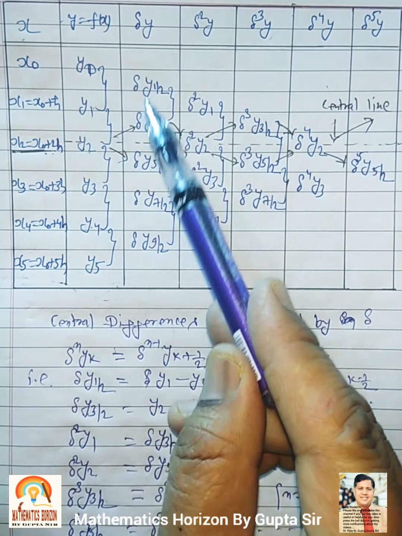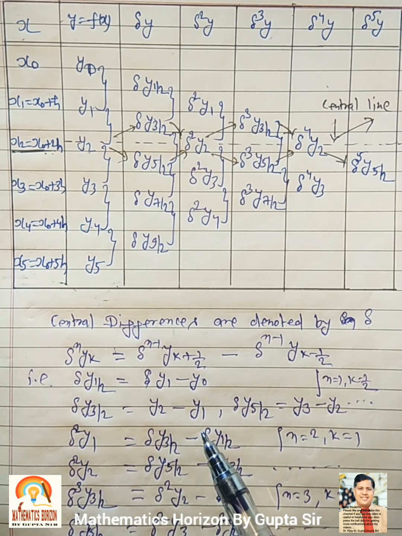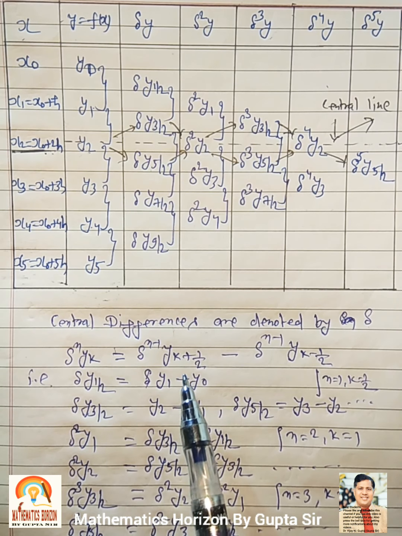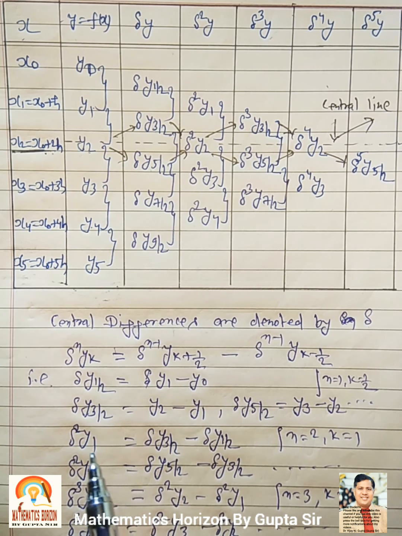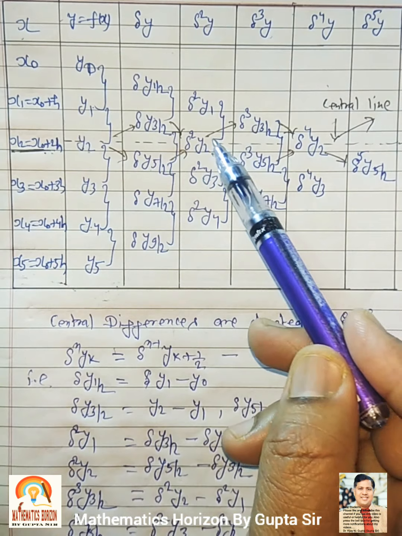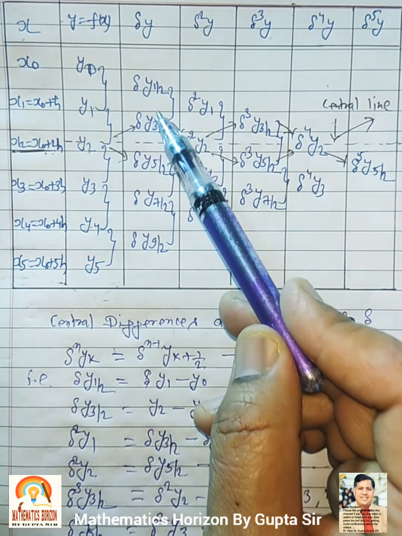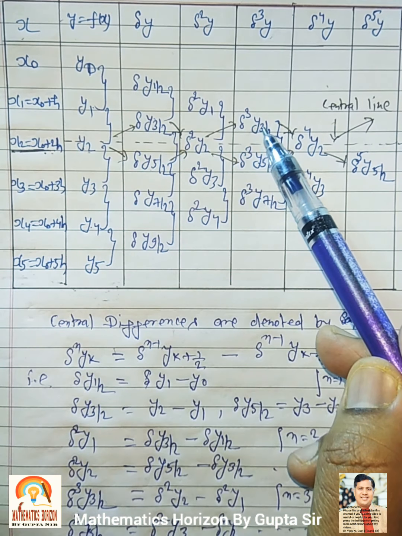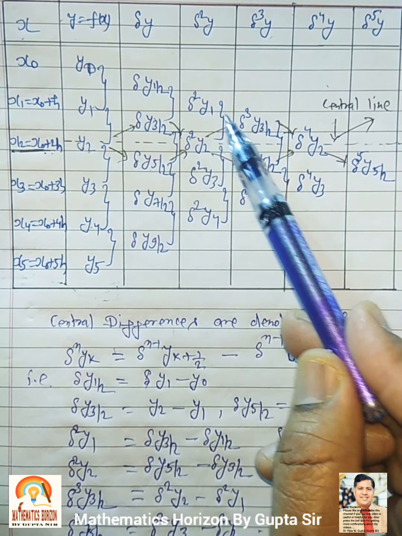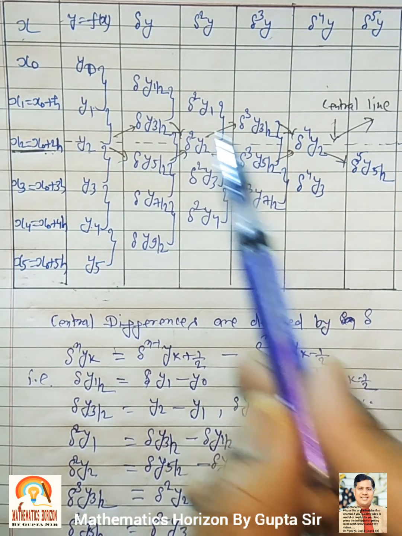That is del y_(3/2) minus del y_(1/2). Del square y2 is this minus this. In a similar fashion, del cube y_(3/2) is del square y2 minus del square y1, and in this order we can find further higher order differences.